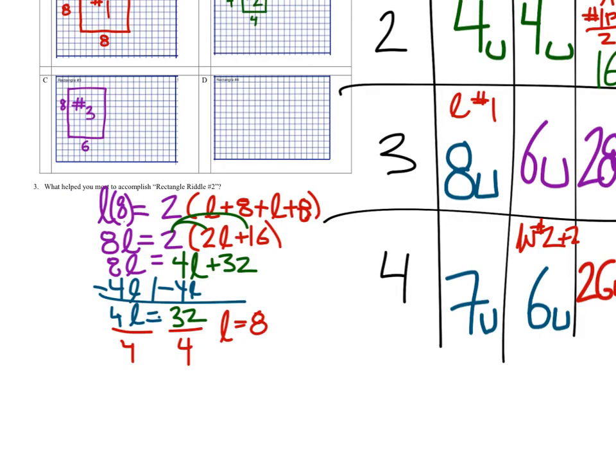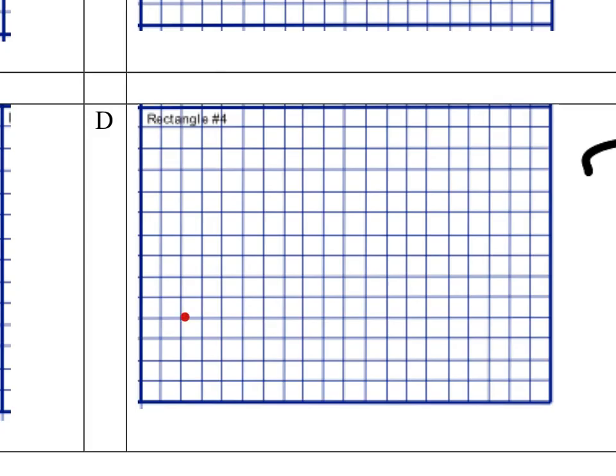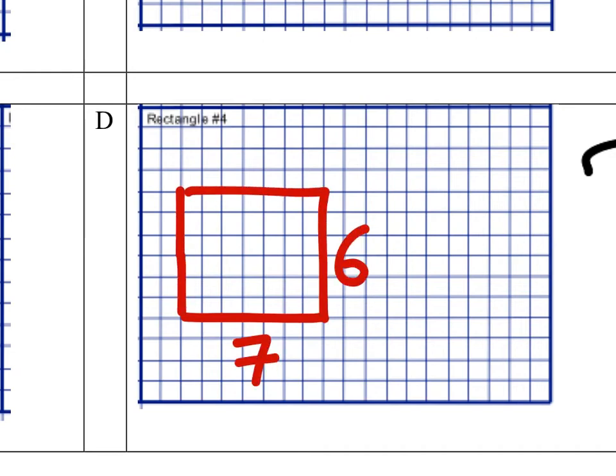And then finally number 4 is a 7 by 6. So we'll make this 7, 3, 6, 7 by 6. And this is rectangle number 4.